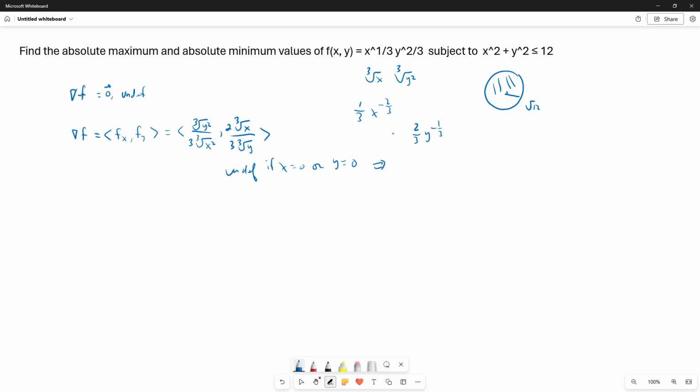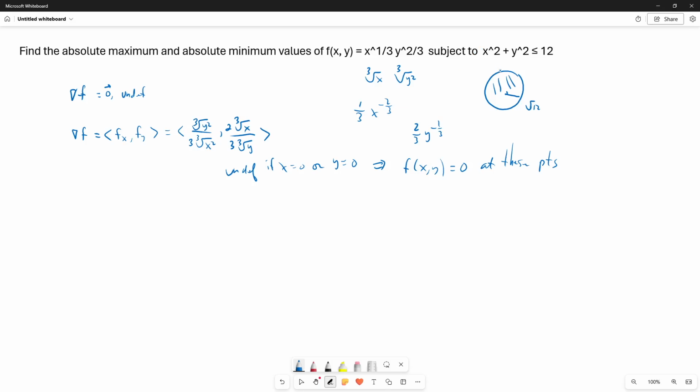And in these cases, the value of the function is also 0. If x is 0 or y is 0, then our cube root will give us 0 times something. So that means that f(x, y) is equal to 0 at these points. Okay, so that takes care of the interior of the region.